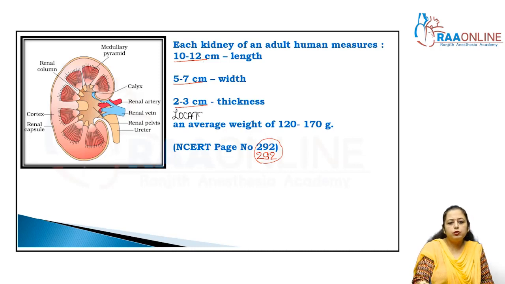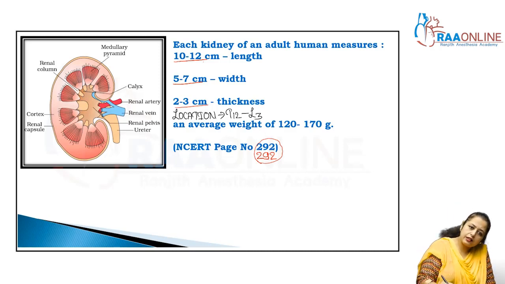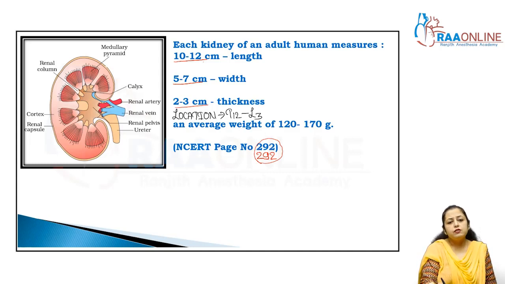Now with its position, with the location: when we talk about the location, location is T12 to L3, right? Now when we see the internal structure, the kidney is divided into two portions, that is the renal cortex and renal medulla, right.